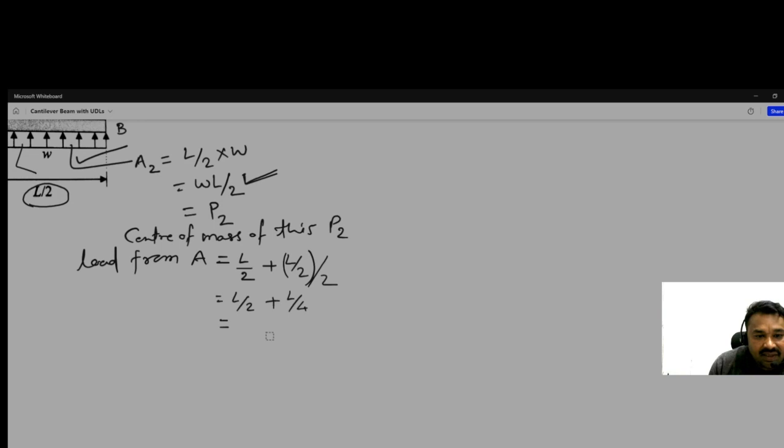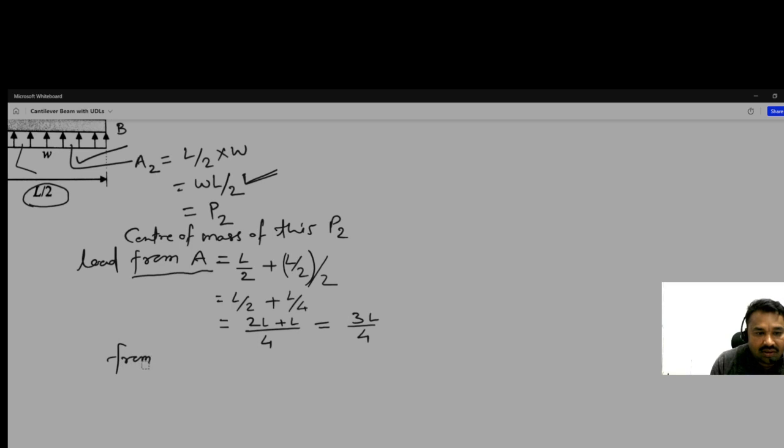So in this way we can write 4 here, and it will be 2L plus L is equal to 3L by 4, and it is from A. What about from B?